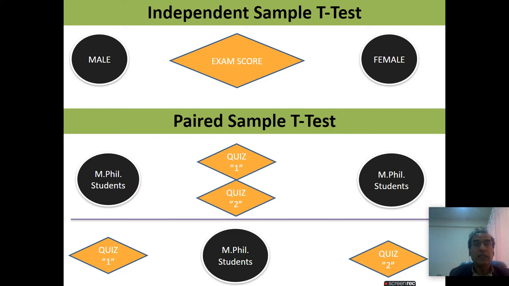On the other hand, for paired sample t-test, if we apply it to MPhil students, at the start of class we will take a quiz of all the students about the statistics course, and then we teach the whole semester. At the end of the semester we will also take a quiz and compare the results of the first quiz and the second quiz, and then we find whether there is a significant difference in the students' results or not.